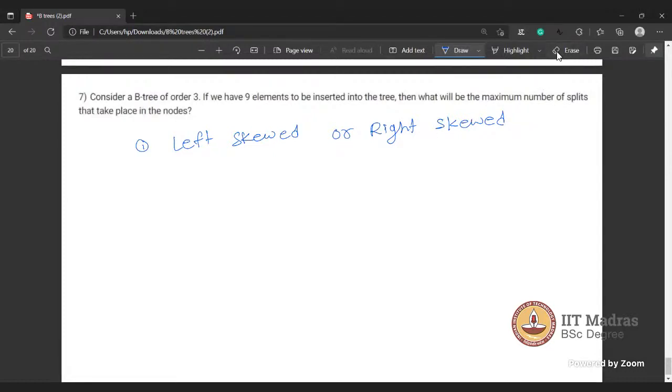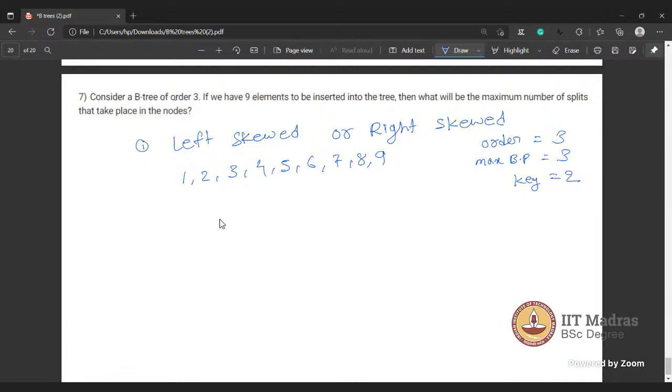Okay, so let's solve. Suppose let's take one example: 1, 2, 3, 4, 5, 6, 7, 8, 9, right? Yes, sir. Okay, so order is 3. Maximum block pointers will be 3 and keys will be 2, right?